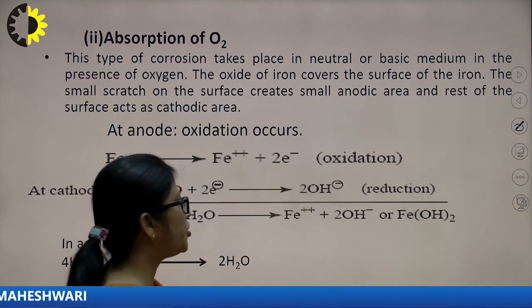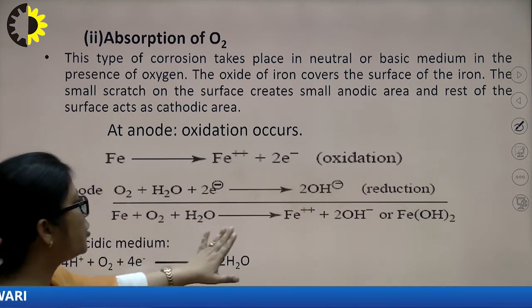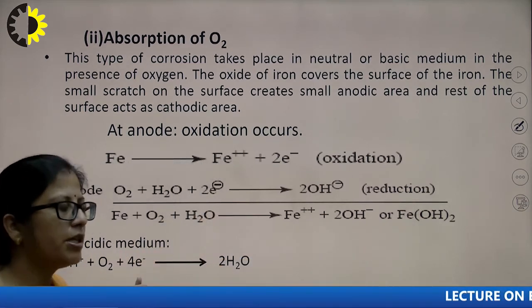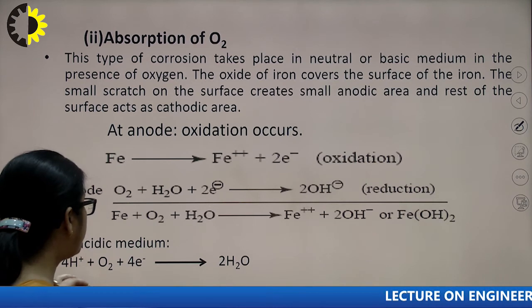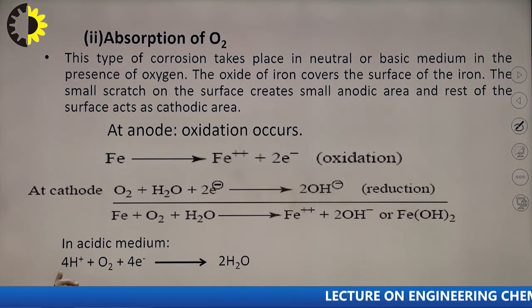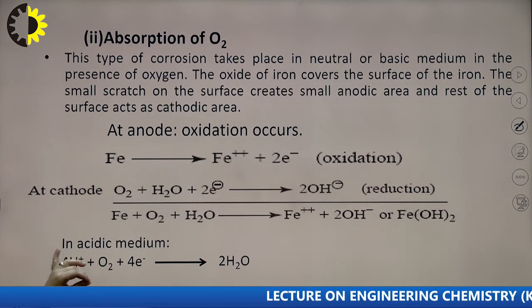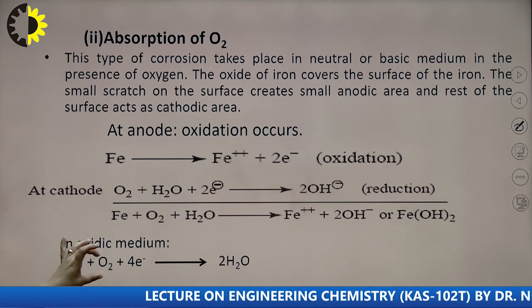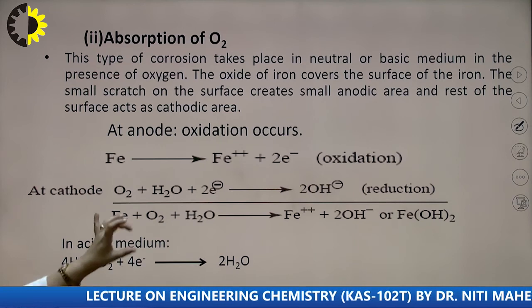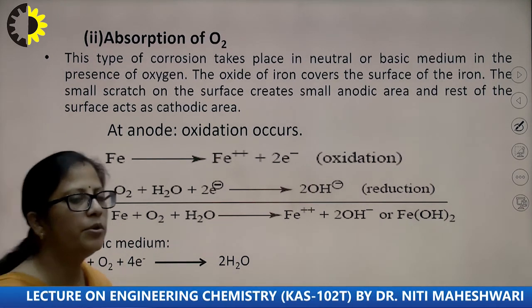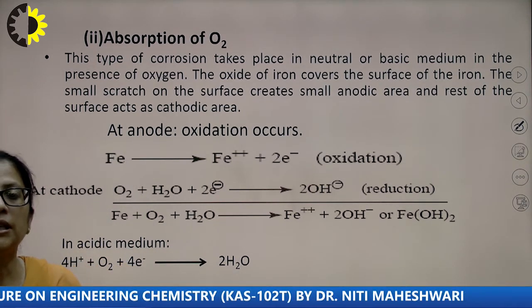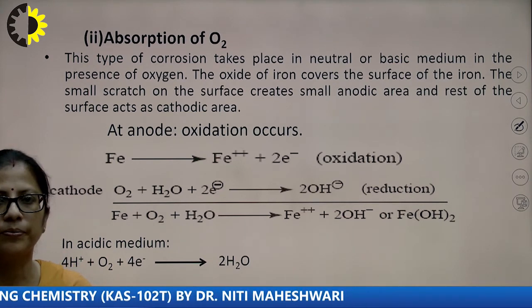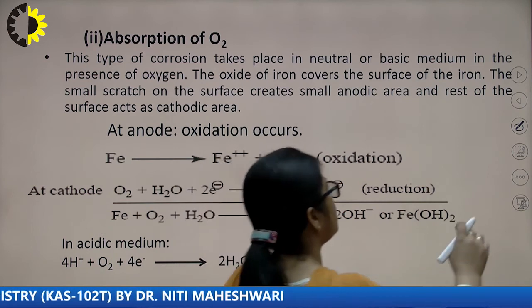So, here the reduction is taking place and this is going to be the overall reaction, and the same process can take place in the acidic medium. If there are acidic conditions and oxygen is also present, then the H plus ions are going to react with oxygen and accept the electrons to form water. So, these are the different types of reactions that can take place during corrosion.